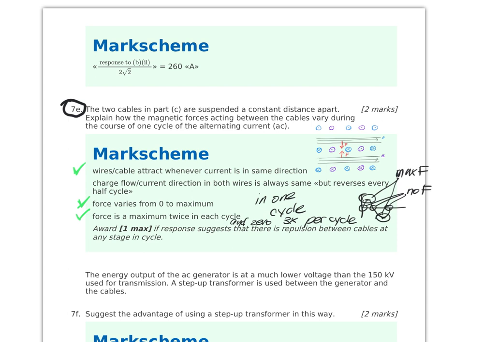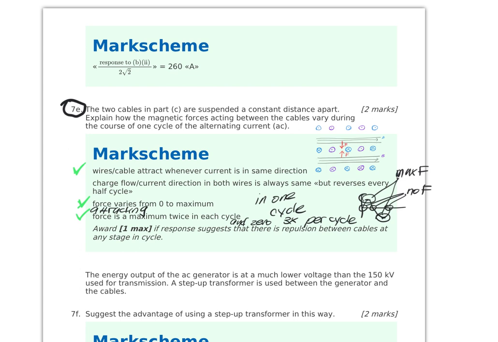And even though 3/4 of the way through the cycle, the current, instead of moving to the right, is moving to the left, still, if the currents are in the same direction, we still get an attraction. So there's not just a force, it says a maximum twice in each cycle. That is an attracting force in all cases. Notice that the mark scheme says award only 1 point if it says that there is a repulsion.